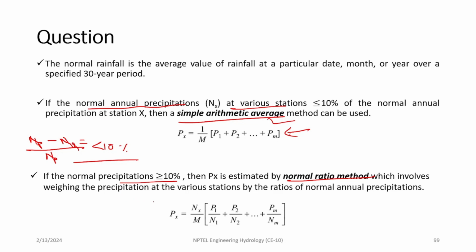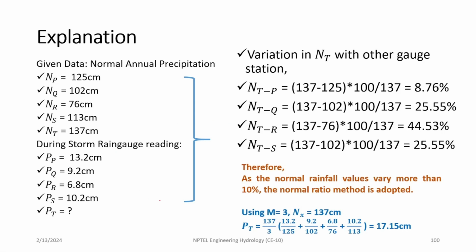Good. Now, don't go with this answer directly, Ashish. Instead, firstly try to compute the variation in NT. NT in the sense of what? We need the PT value, right?